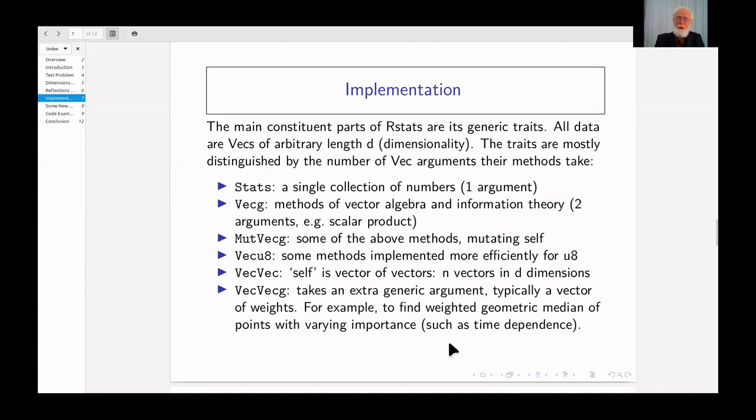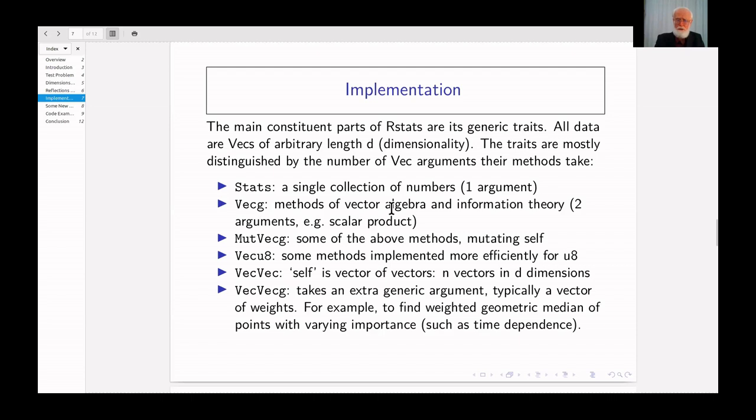So the implementation of Rstats is divided into several different traits on top of the Vec or Vec of Vecs. They are basically distinguished by the number of Vec arguments that their methods take. So Stats, which is usually just a single collection of numbers, that is one Vec argument.